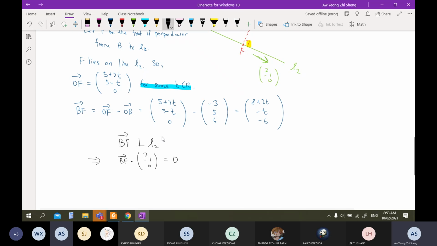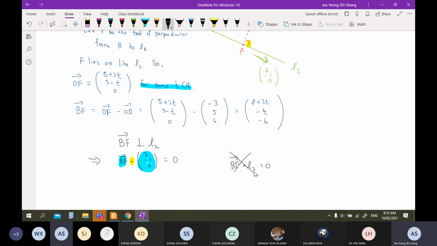So notice that when we use the dot product, the two objects that you dot together must be vectors. It is wrong to say BF dot L2 equals 0. This doesn't make sense because you cannot take the dot product of a vector and a line.